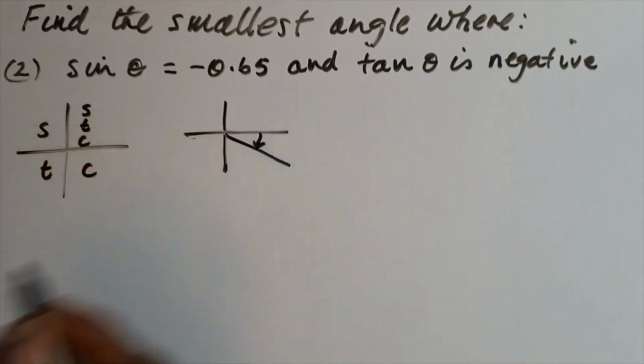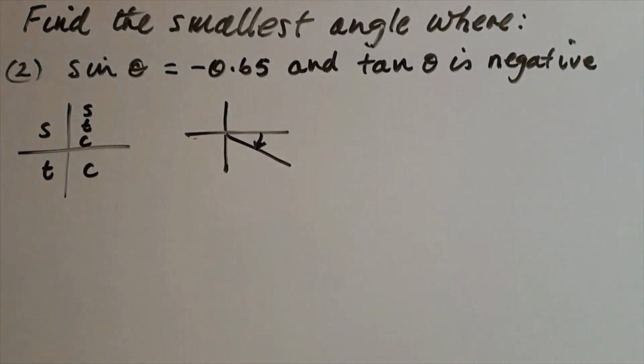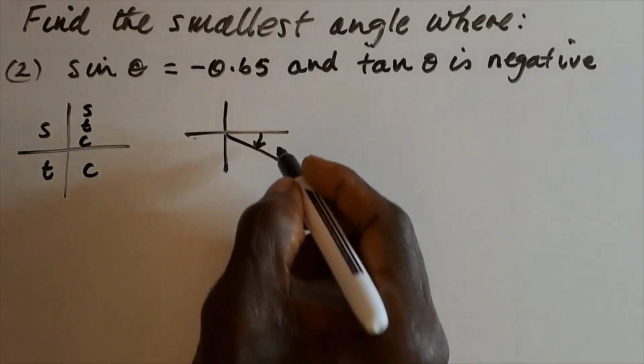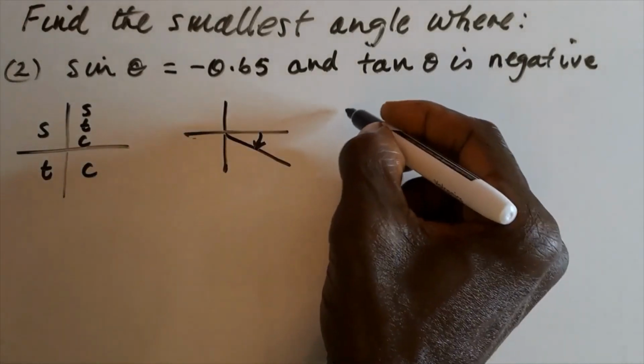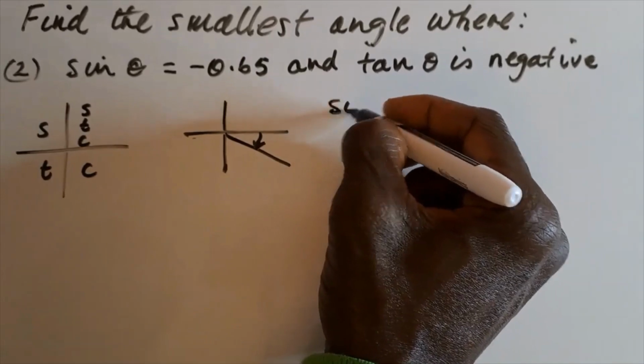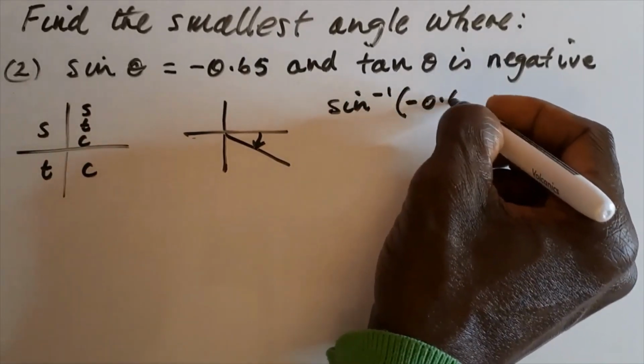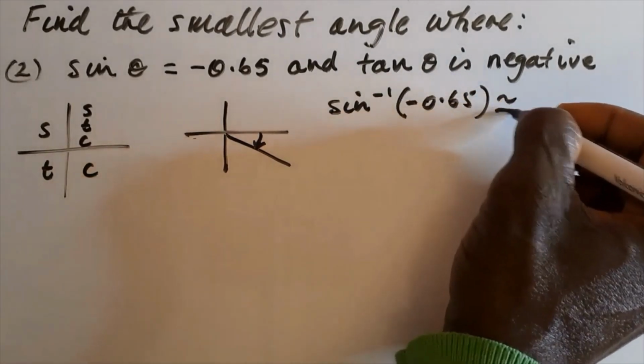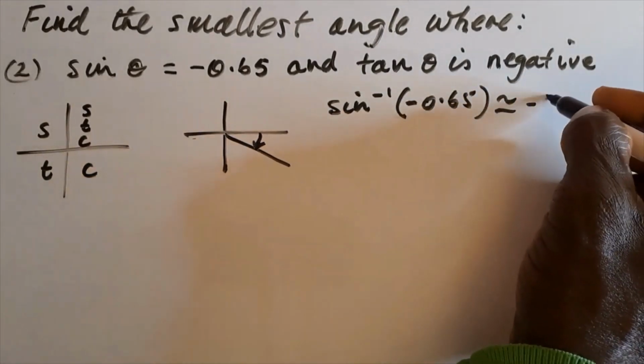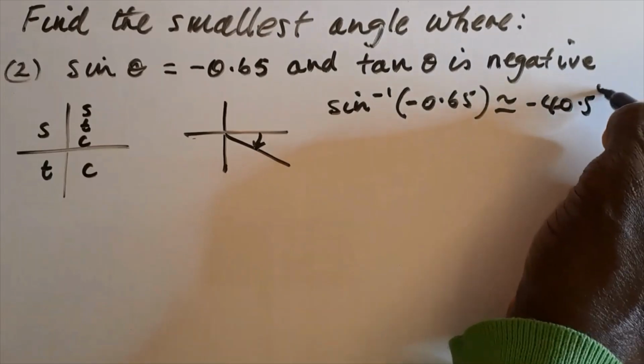So again, if we draw a little sketch here, it's somewhere in this, and it's a negative angle because sine theta is minus 0.65. So we find the sine inverse of minus 0.65, which is approximately minus 40.5 degrees.